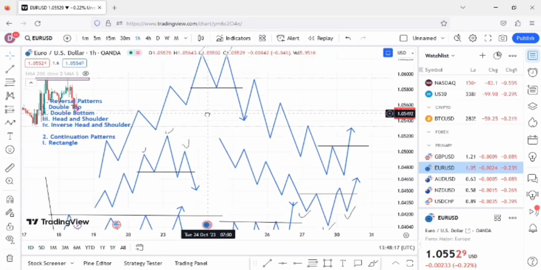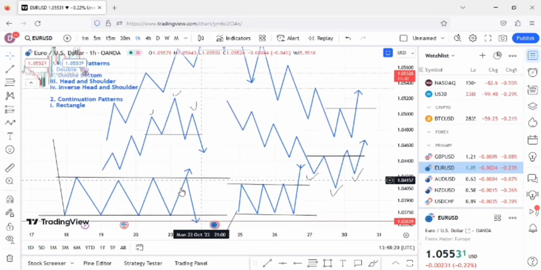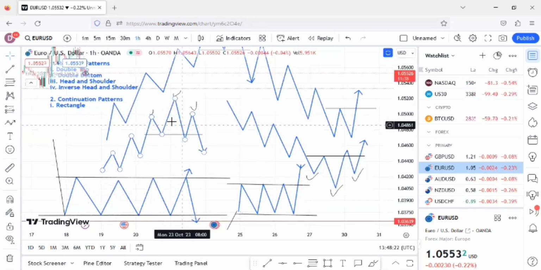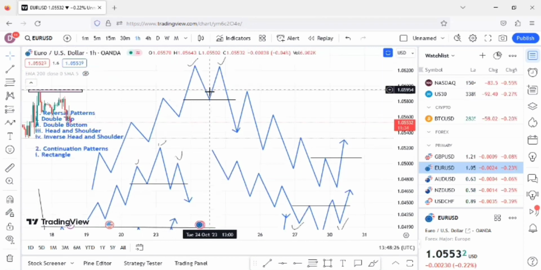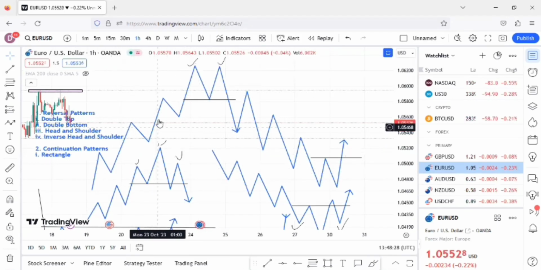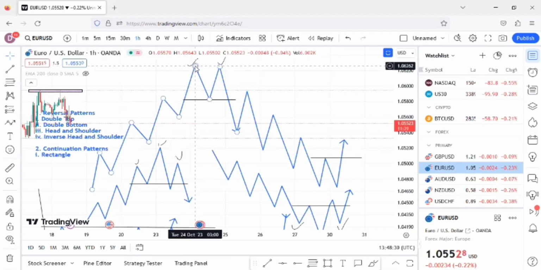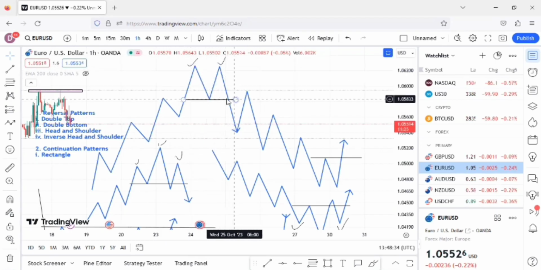Then how do you trade them? At least you're able to identify them now. This is rectangle. This is head and shoulders, inverse head and shoulders, double bottom and double top. Then how do you trade them? In an uptrend, when you see this pattern, you wait for a neckline break. As soon as you have a neckline break, you enter.